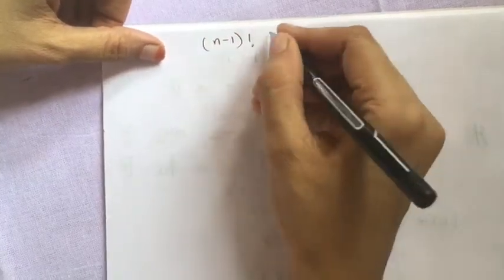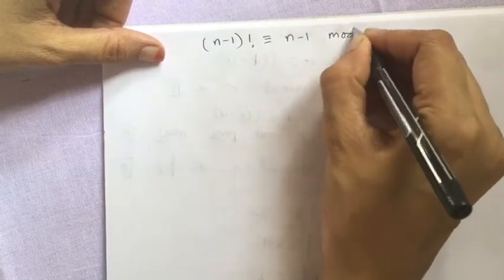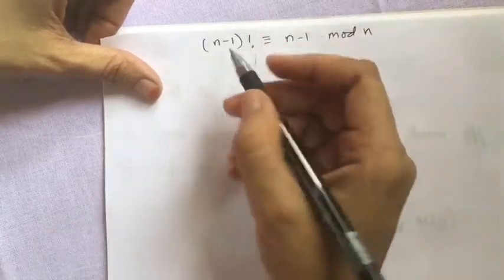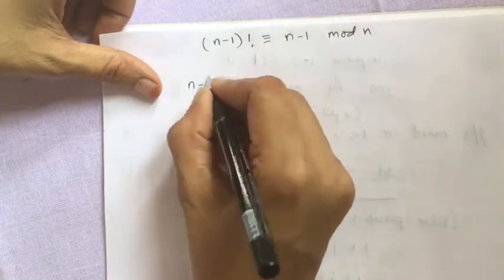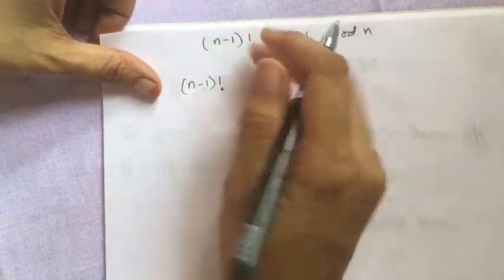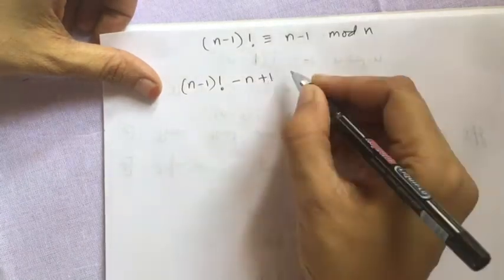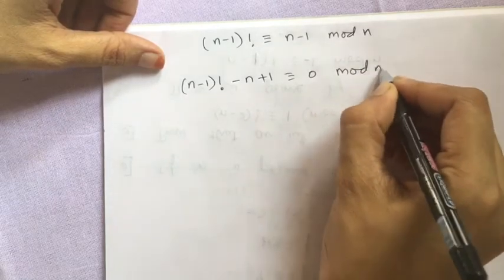Now this is the same as writing n minus 1 factorial is congruent to n minus 1 mod n, right? I can take it as a positive integer. Now I'll take n minus 1 to this side, and it becomes n minus 1 factorial minus n plus 1 is congruent to 0 mod n.